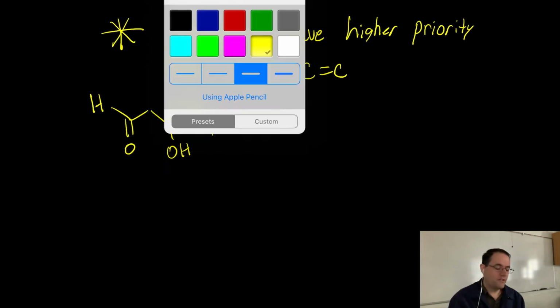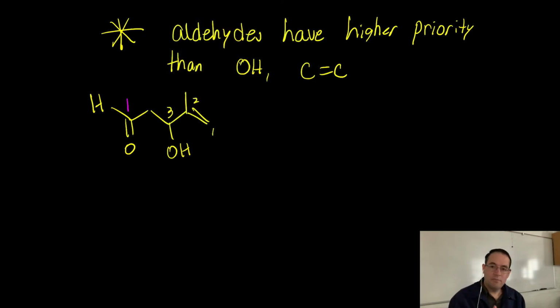Those have lower numberings, right? But the actual best way to do this is this way. It seems wrong because you're placing the alkene at carbon 4, you're placing the hydroxyl group at carbon 3, but that is necessary because the aldehyde has the highest priority and the aldehyde is always carbon 1.